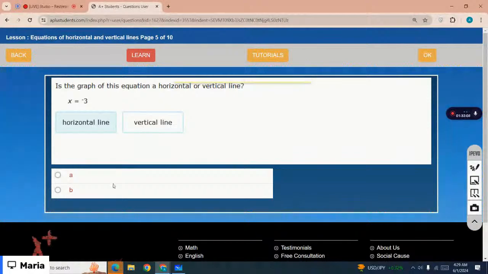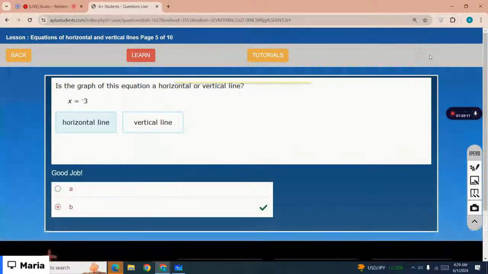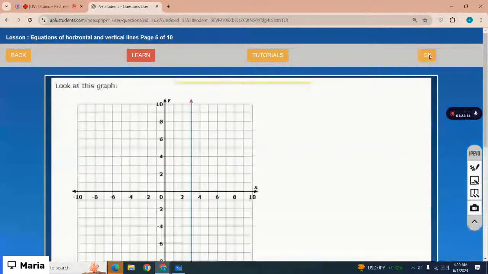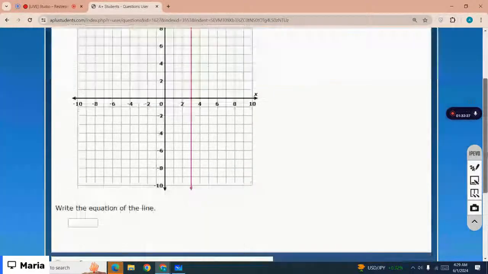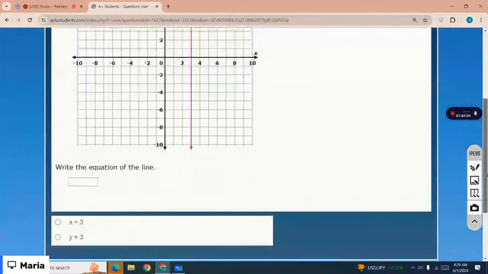That is the vertical line. The correct option is option number B, vertical line it is. Look at this graph. Write the equation of the line. So which is the correct option?